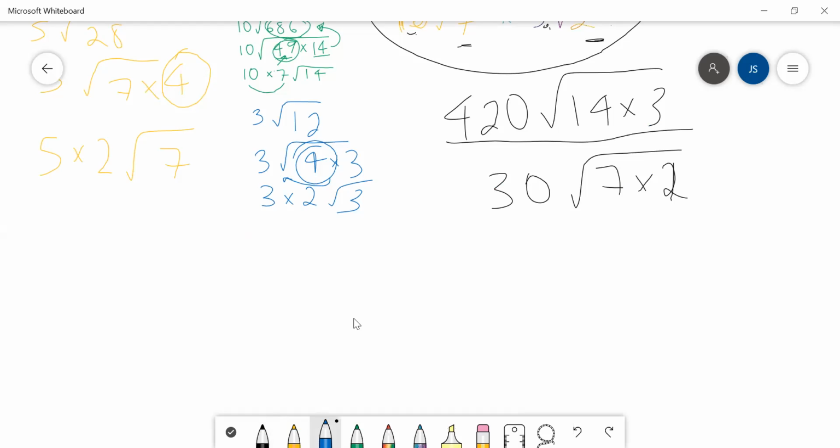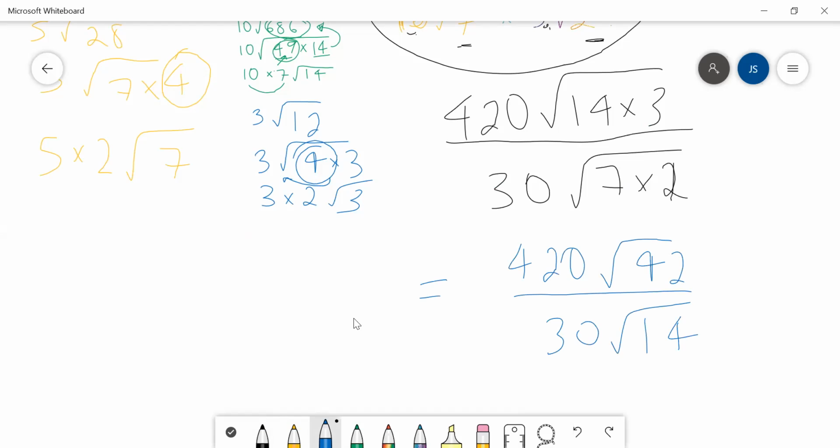Simplifying this even further now, equals 14 times 3 is the same as 42. And 30 square root of 7 lots of 2 is the same as 14. Now just have a look at the numbers and see if you can simplify the square roots any further. The number 42, what can we divide it by?